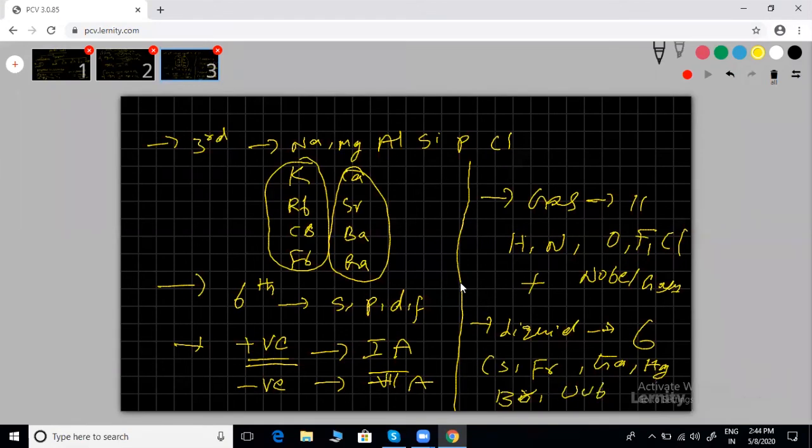U means 1, b means 2, so the element is 112, atomic number 112, Uub. So 6 liquid elements.